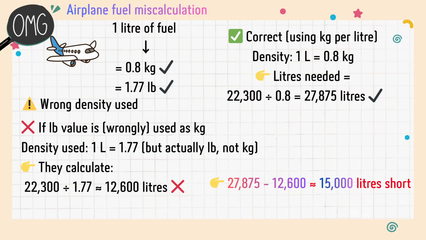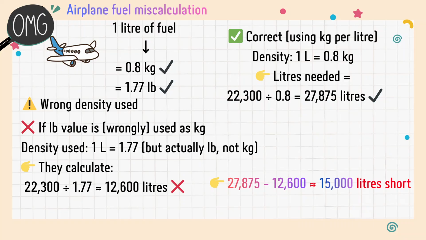Using 1 liter is equal to 0.8 kg, we had earlier calculated 27,875 liters. Minus it with 12,600 liters we calculated now. We arrive at the shocking result of 15,000 liters short.